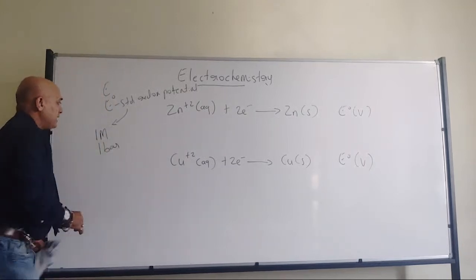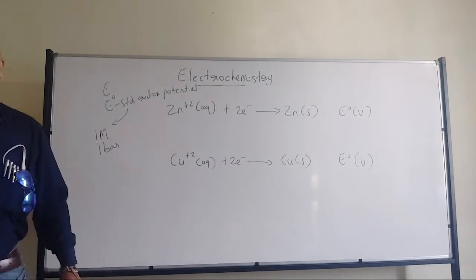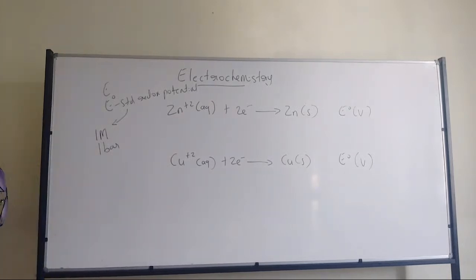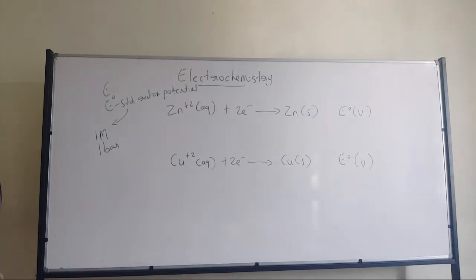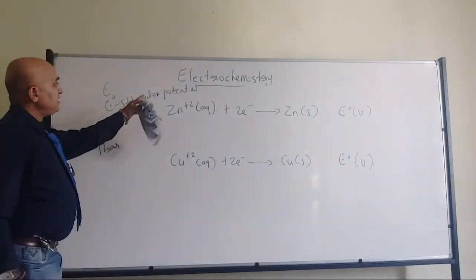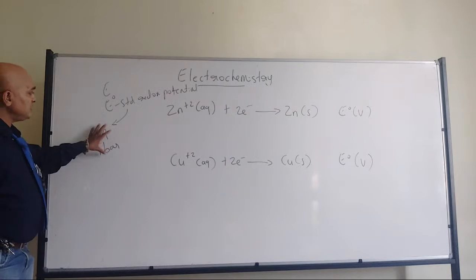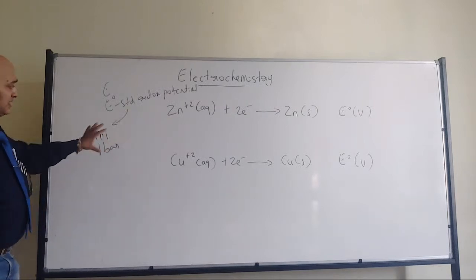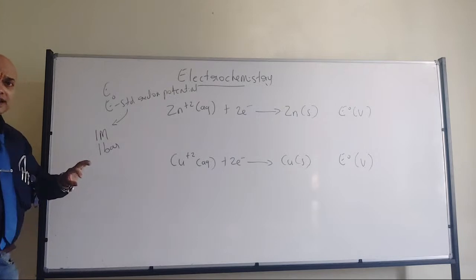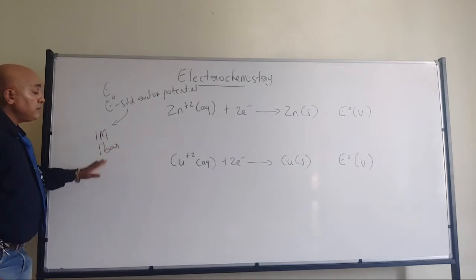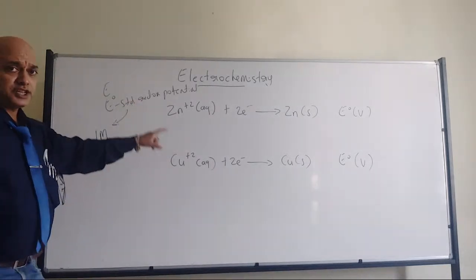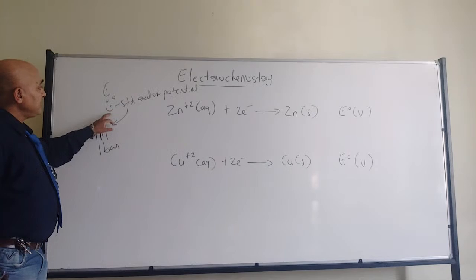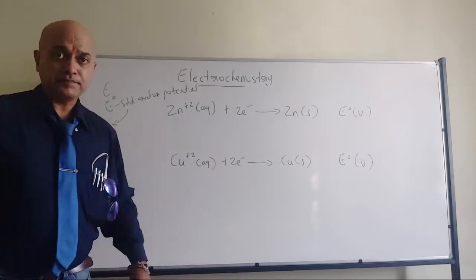So that's why it is called standard redox potential. Under the condition where we have taken 1 molar concentration or 1 bar gaseous molecule, whatever redox potential is calculated will be the standard redox potential.